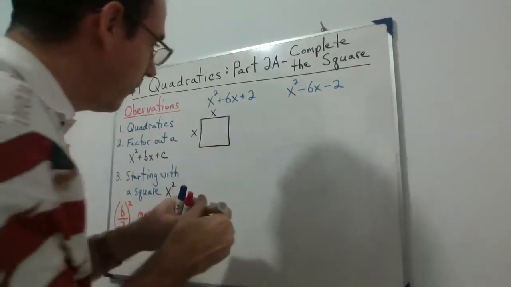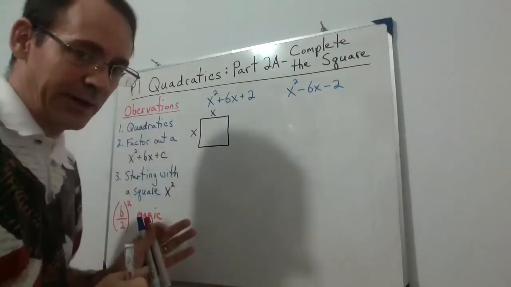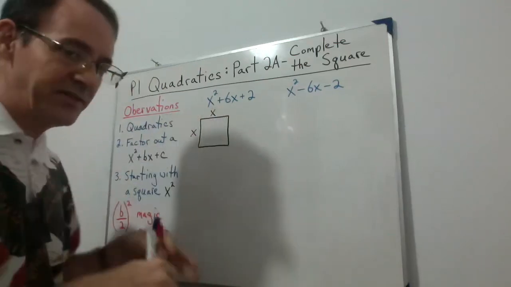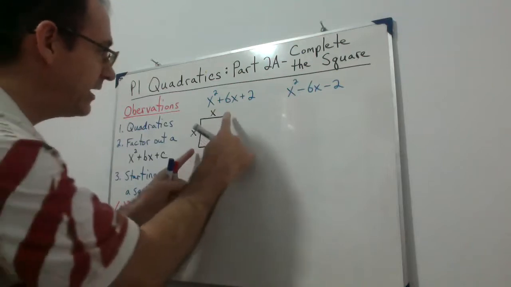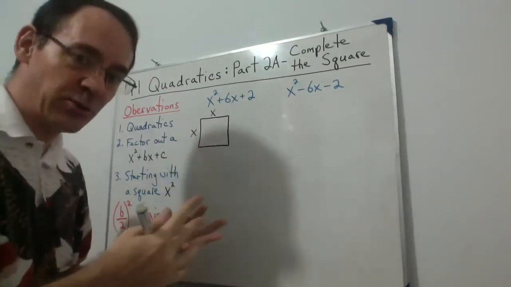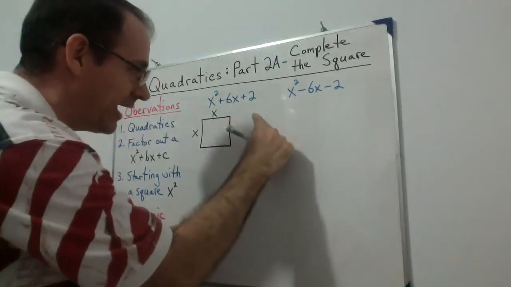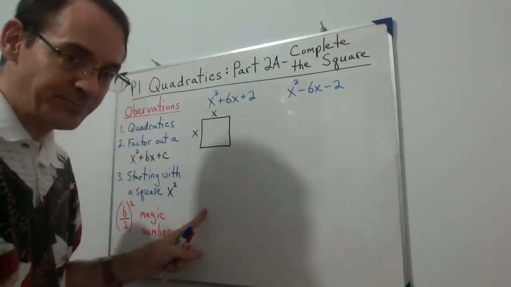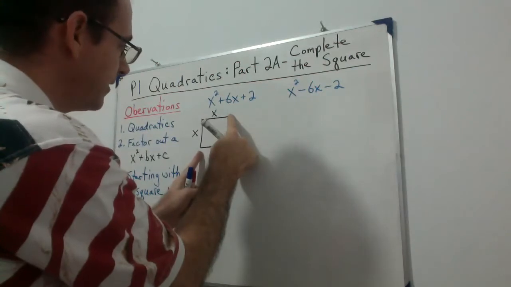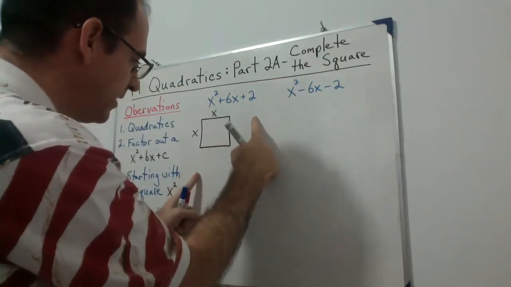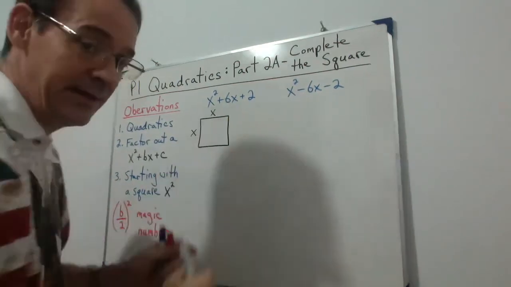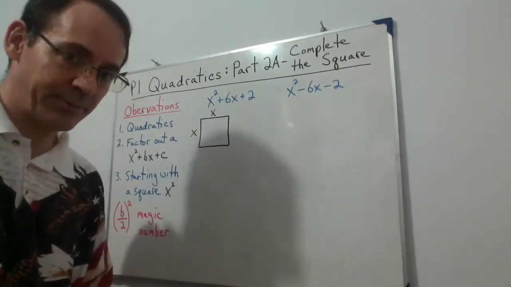Now, we want to add to this square, but we need to keep our square a square. In other words, if you only add to one side, you're making it a rectangle. We need to make sure that we add to both sides so that we maintain our square shape.